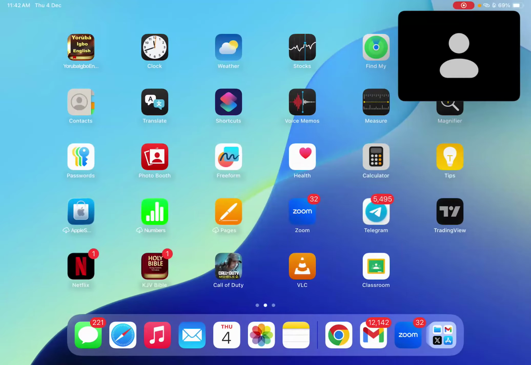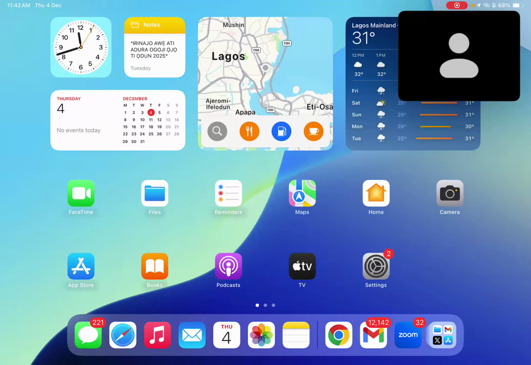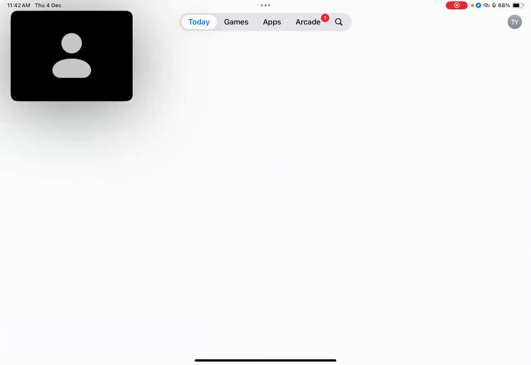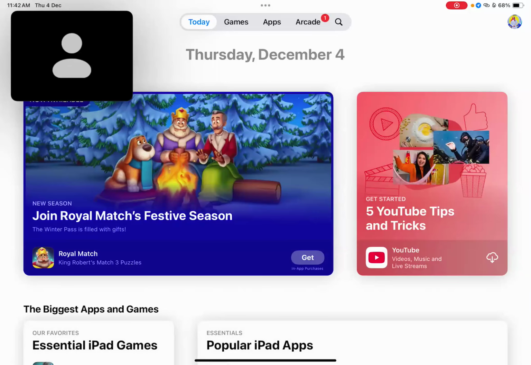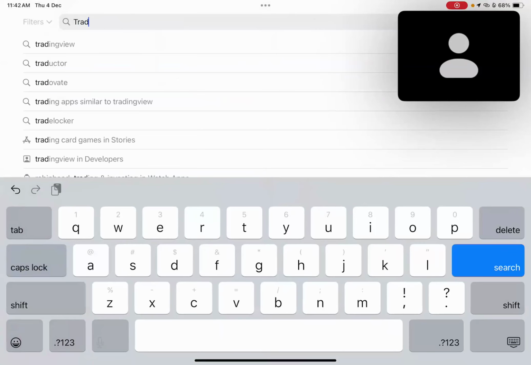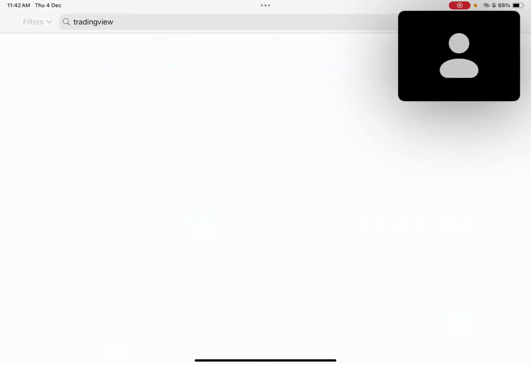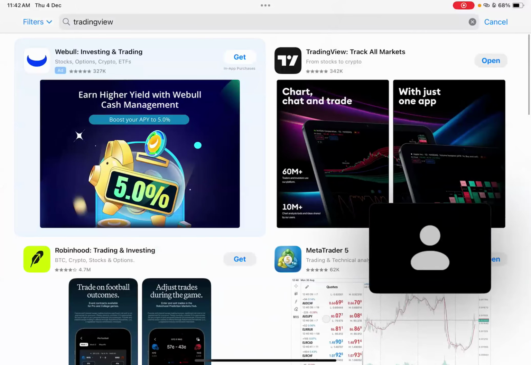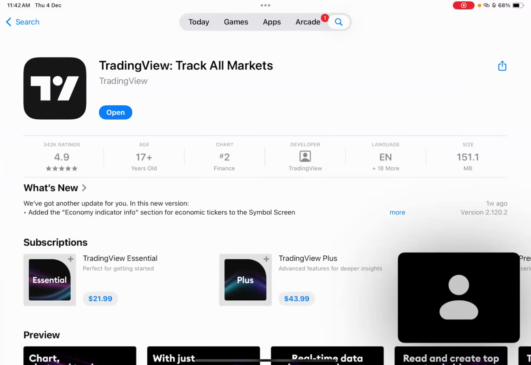So now you can see TradingView here, see the icon. If you go to your app store, you can just search for TradingView. You can see this is TradingView if you want to download it.